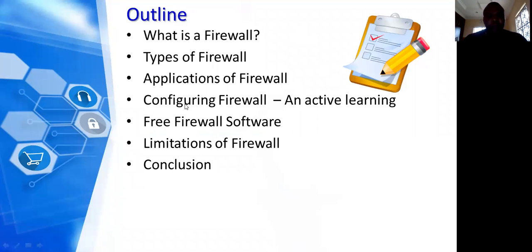We'll look at a sample firewall, and then we see how we can configure rules for this sample firewall. So we're also going to look at some free firewall software, apart from the one that came with the operating system. Then we'll also discuss the limitations of firewall, and then we conclude the unit.